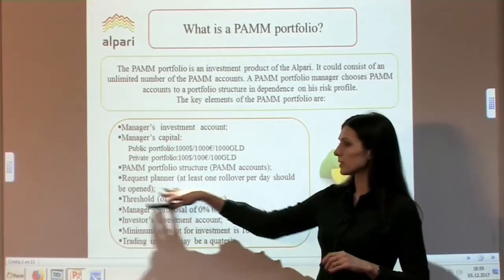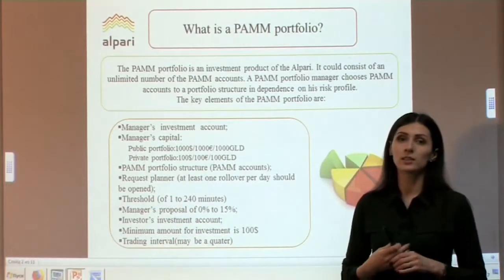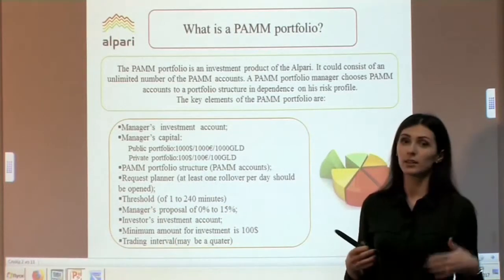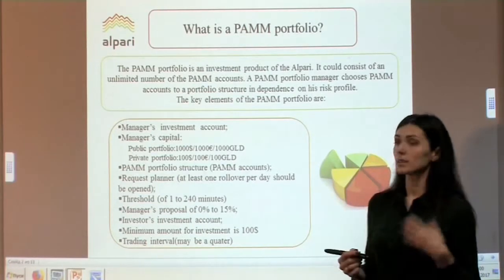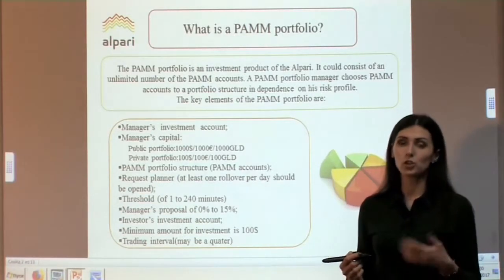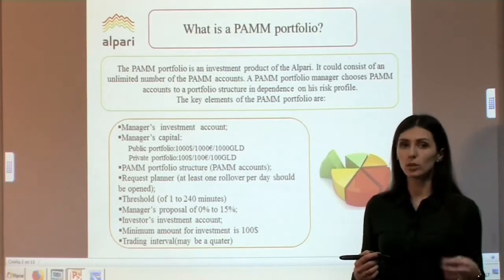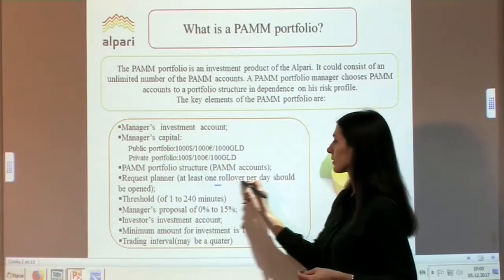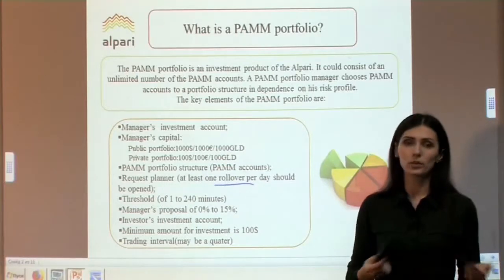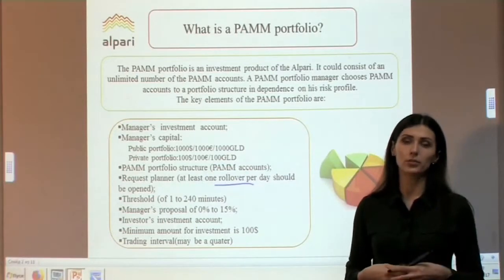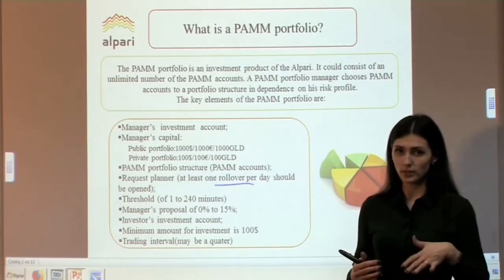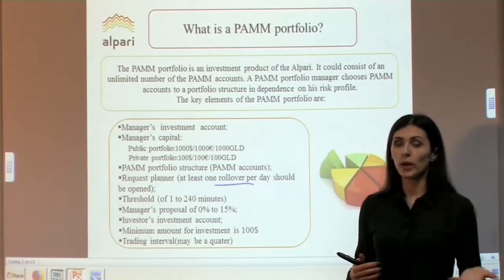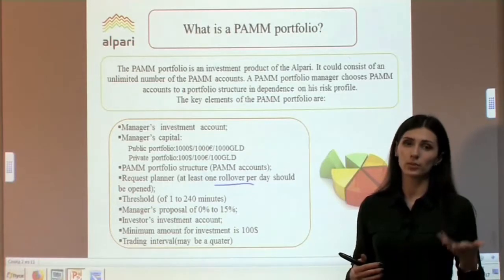The next element is the request planner. The request planner may be accessed around the clock and contains 24 hours in a day. Each hour in the request planner is called a rollover. A rollover can be open or closed. In an open rollover, information is updated and requests for depositing and withdrawing funds are executed, while in a closed rollover, only information is updated.